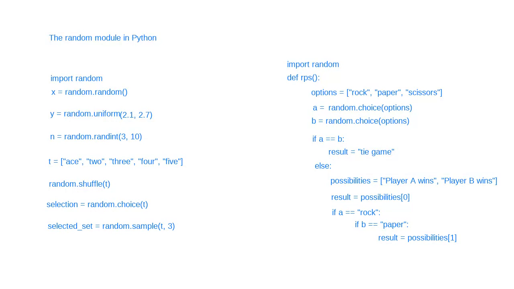The way for B to win would be if B played scissors. So at this point, if B is scissors, then we set the result again to be possibilities 1, change it away from player A wins to make it player B wins. And then one more condition would be the else, or we could say elif A is scissors, and only change that if B is rock.